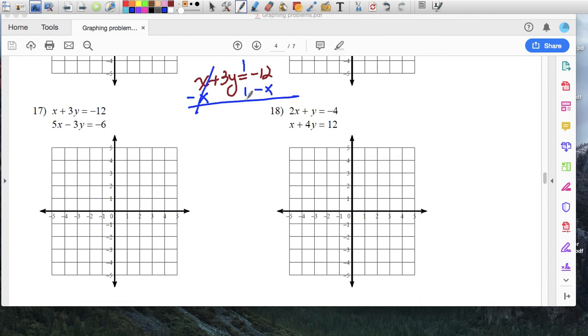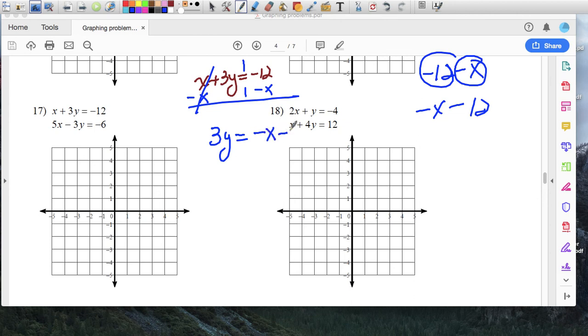This x gets canceled, and I am left with 3y. On this side, it says negative 12 minus x, which a lot of you might write like this, but if I switch this, as long as I move that whole term to the front and move the negative 12 to the back, it is equivalent.